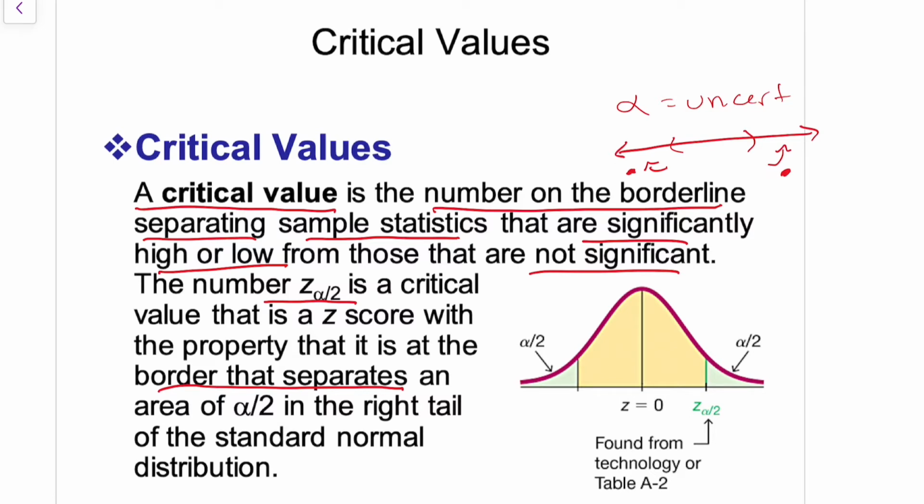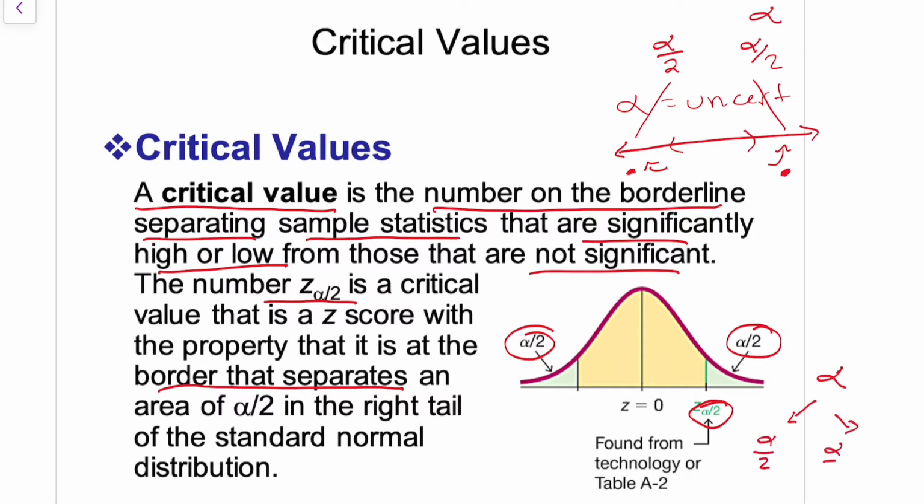What we will assume to make our work easier is that both of these sides contain the exact same level of uncertainty. If our total uncertainty is alpha, I have to split it in half to go to the left and to the right, which is why we consider that area to the right and that area to the left of z sub alpha over 2. That's where this alpha over 2 comes from: our total uncertainty alpha being split into two equal values.